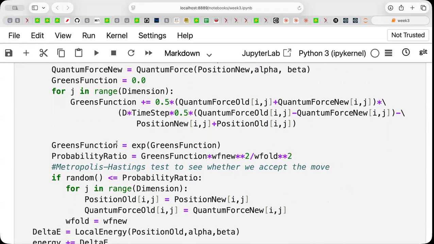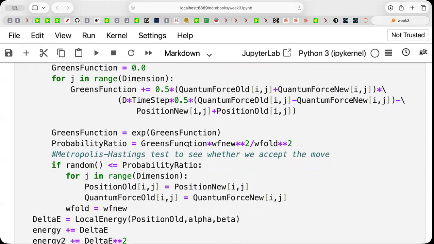When I have the argument, I can calculate the final ratio by simply calculating the exponential of this Green's function. And then the probability ratio is the Green's function, where I have calculated the ratio between the Green's function for going from x to y and y to x, multiplied with the wave function squared, the new one divided by the old one.